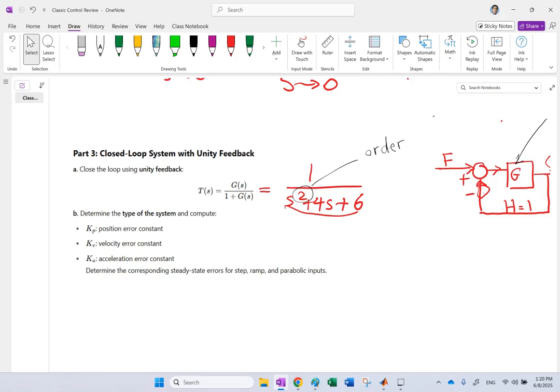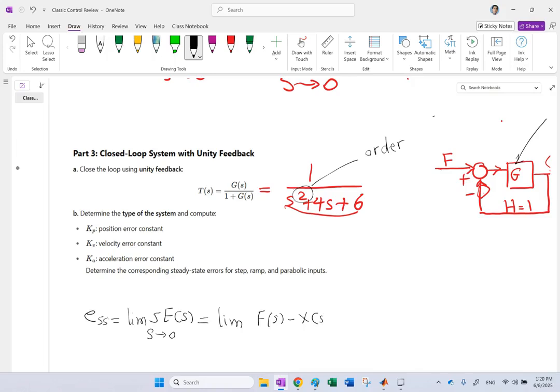Because if you remember, in general, the formula for a steady state error is the limit of S times E of S as S goes to 0, and E of S is the error, the difference between the input and output of the system. In general, you can write it as R and Y, but in this case, let's say F and X.